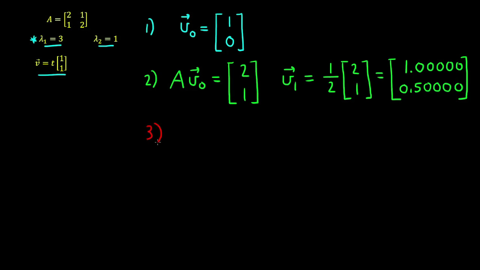So in the next step, we have the matrix A by V1. So we have 2 by 1 plus 1 by 0.5, which is 2.5. And 1 by 1 plus 2 by 0.5, which gives 1.